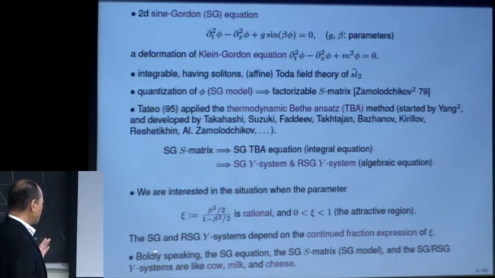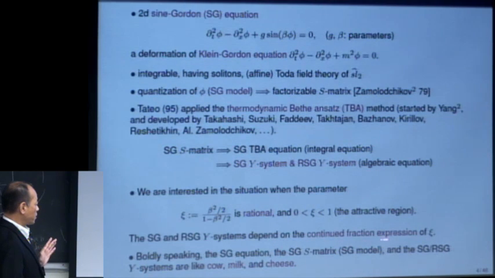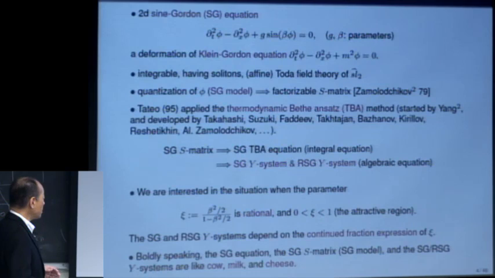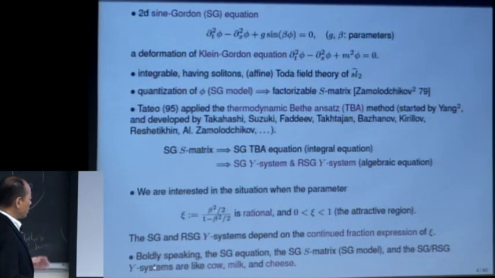So what I explained is that sine-Gordon and RCG Y systems depend on the continued fraction expression of C. So, in summary, broadly speaking, the sine-Gordon equation, sine-Gordon S matrix, and sine-Gordon Y systems are like cow, milk, and cheese.